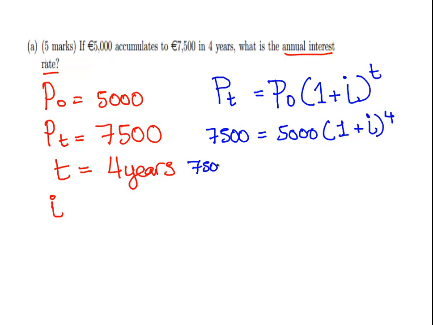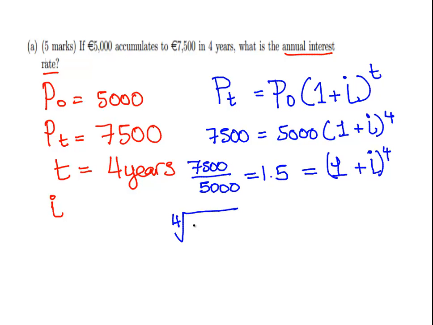So 7,500 divided by 5,000 gives us 1.5, and that is equal to 1 plus I to the power of 4. This is where the bit of calculator work comes in. The fourth root of 1.5 is also equal to 1.5 to the power of 1/4, or in other words, 1.5 to the power of 0.25.